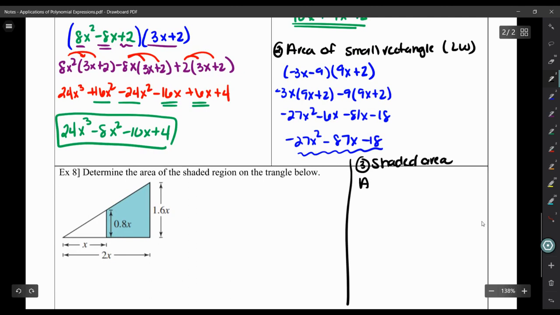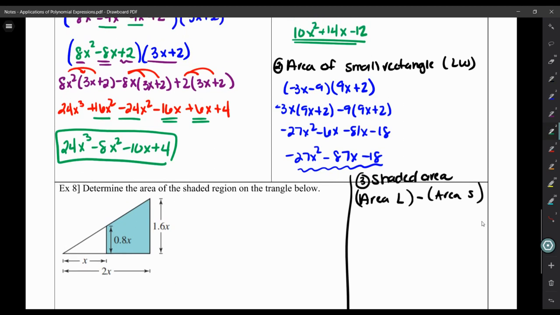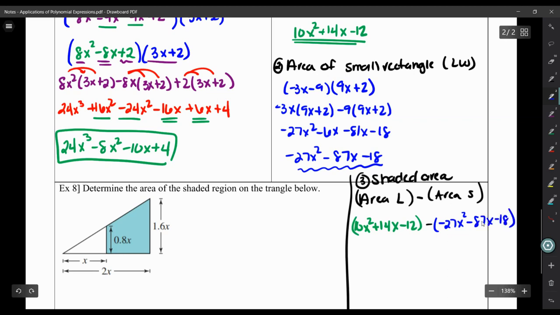So we're going to take the area of the large minus the area of the small, the unshaded. So the area of my large was 10x squared plus 14x minus 12 minus the area of the small, which was negative 27x squared minus 87x minus 18.